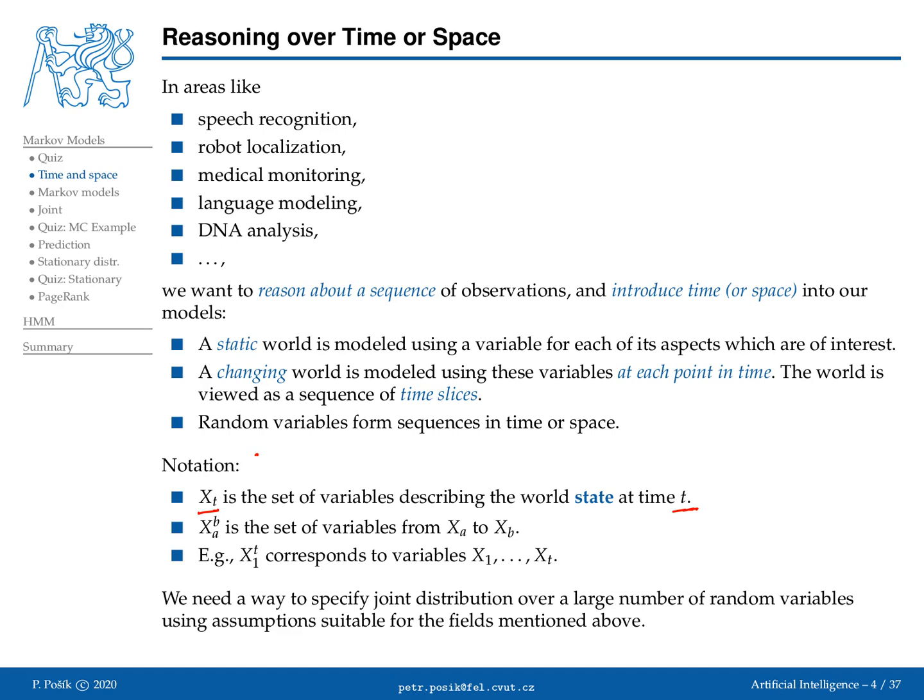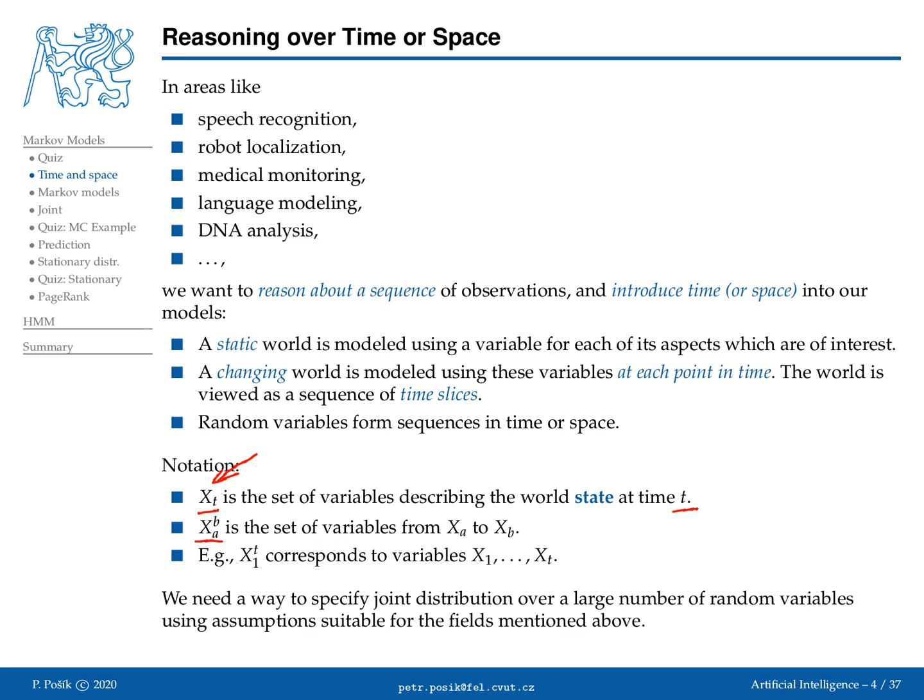So it will be the state of the random variable at time 1, at time 2, at time 3, etc. These variables form a sequence, and we denote the sequence using a subscript and superscript, meaning the states of x at time a plus 1, a plus 2, a plus 3 up to time b, right?